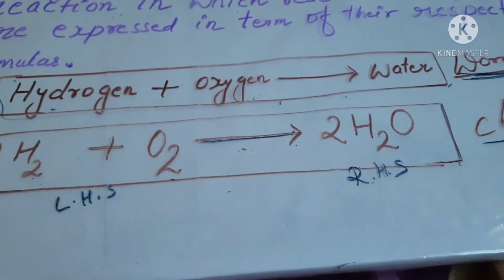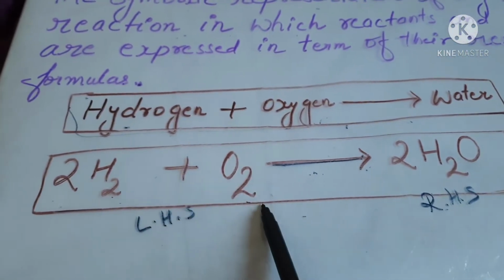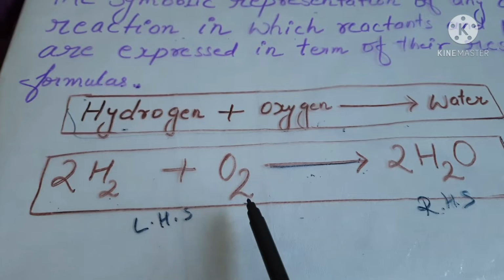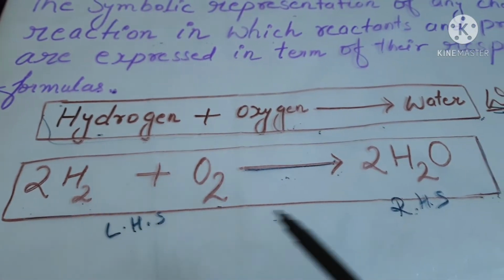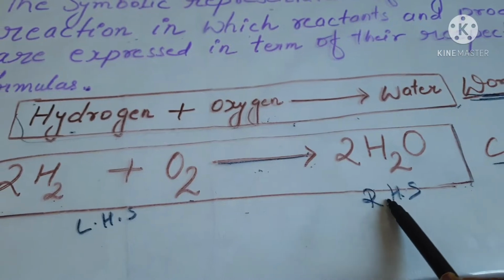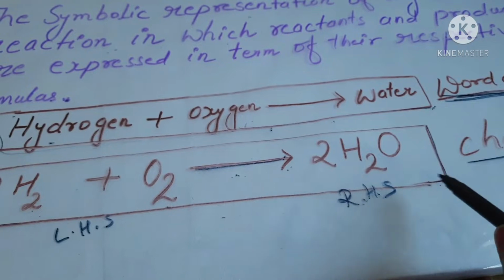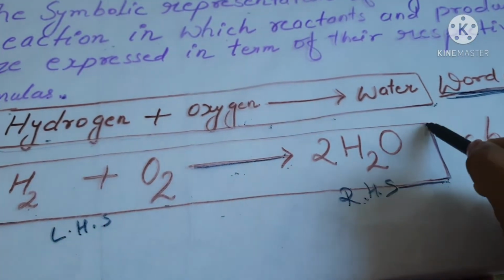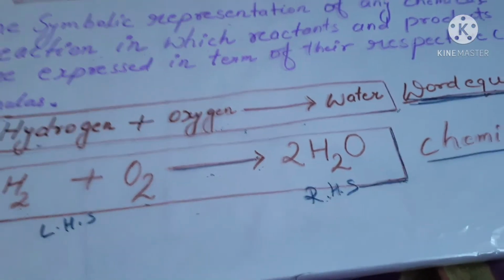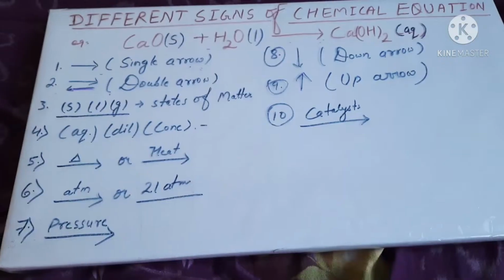And the most important one is the plus sign. Okay, the plus sign is always present between the reactants, or if more than one product is present, then plus signs are used between the products.